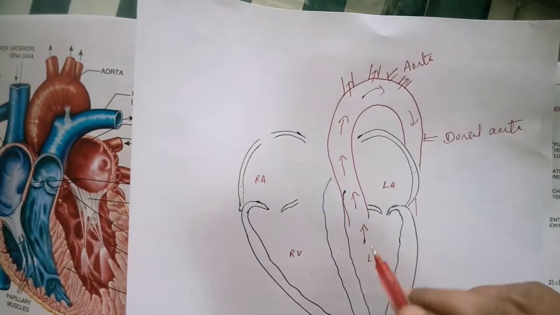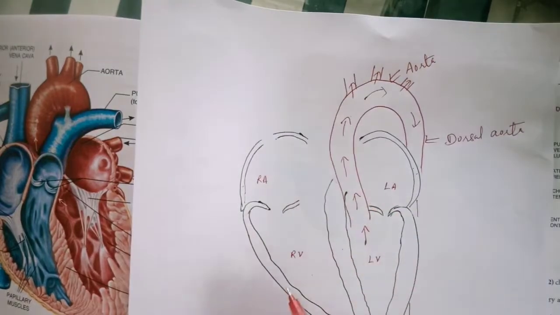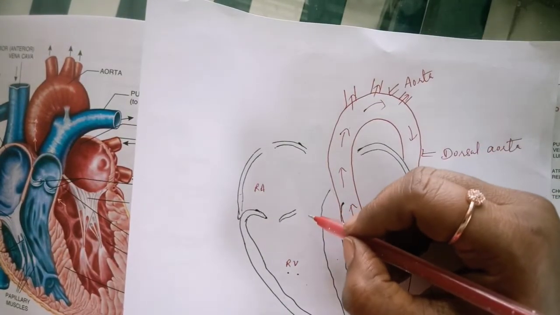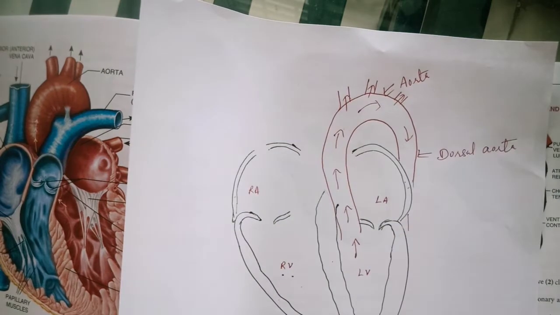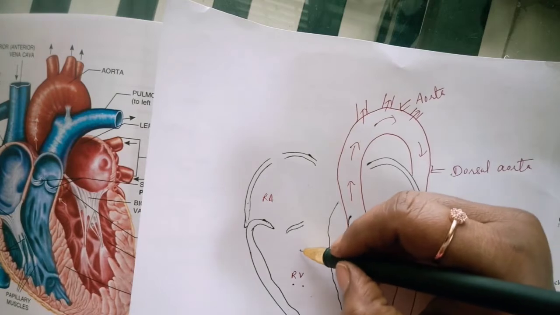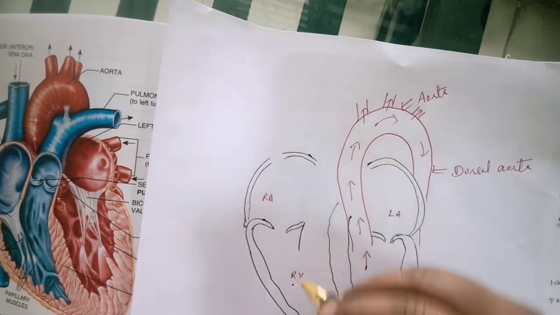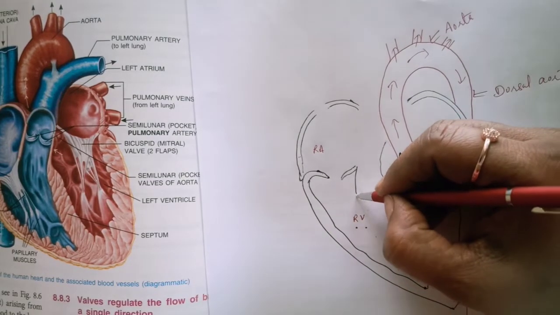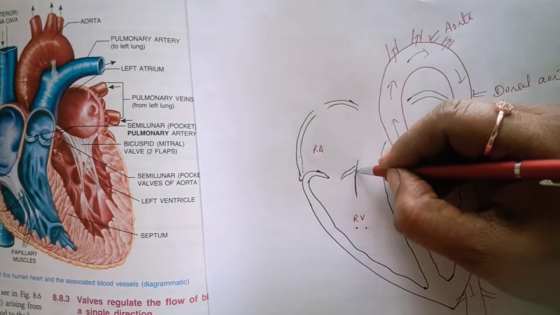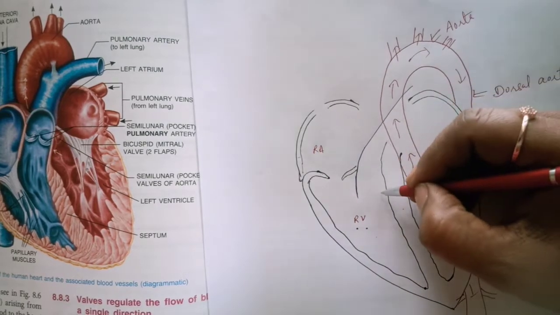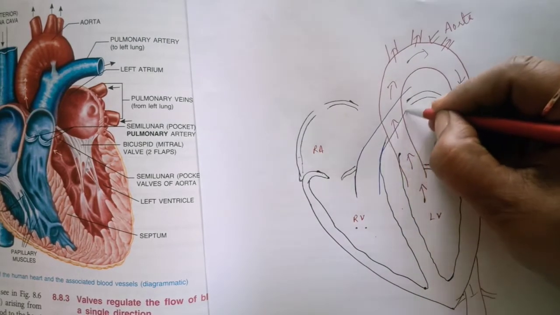There is another large blood vessel which arises from the right ventricle. Now let me show it here, students. Let me show it in blue ink to mark the difference. From the right ventricle originates another important blood vessel. Okay, it goes over the aorta like this, coming out over the aorta like this.